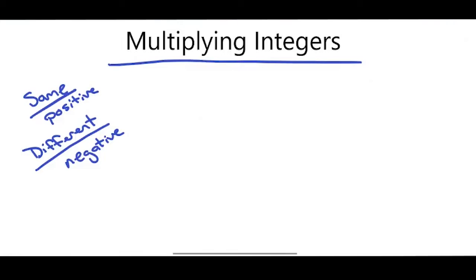So let's say I have negative 4 times 3. Well, we can still do this the same way we do 4 times 3. It's just notice that one of our numbers is a negative.